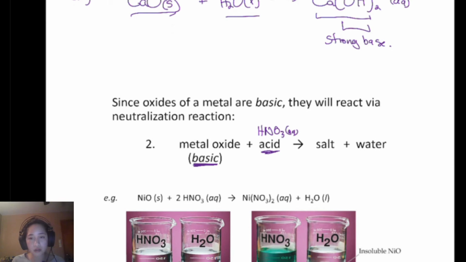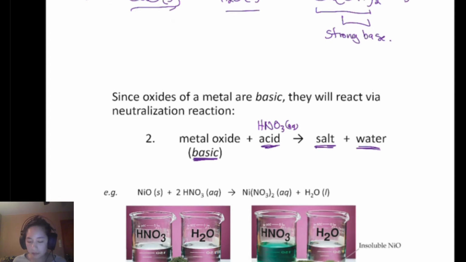And we know that neutralization reactions result in a salt plus water. Neutralization reactions are double displacement reactions where the driving force is the formation of water.